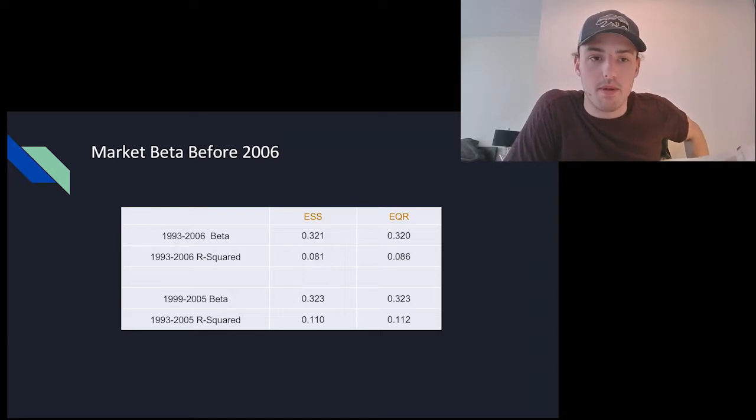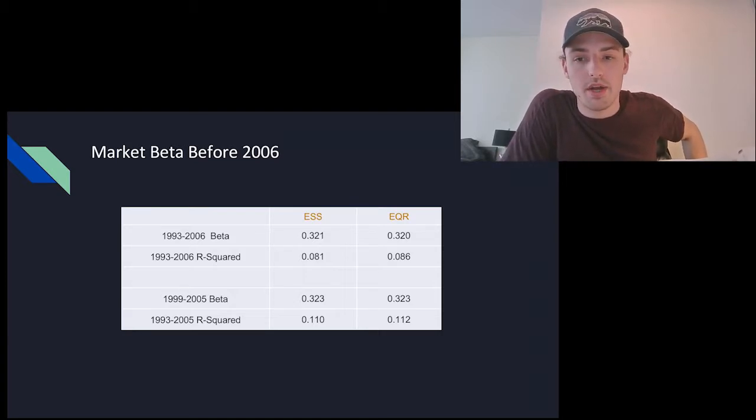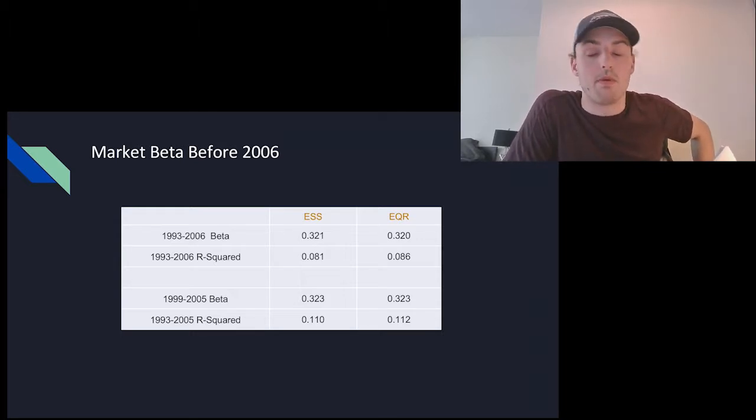So, for example, let's say ESS had a beta of 1. If ESS had a beta of 1, every time that the general market moved up by 1%, ESS would move up by 1%. Every time it moved down by 1%, ESS would move down by 1%.